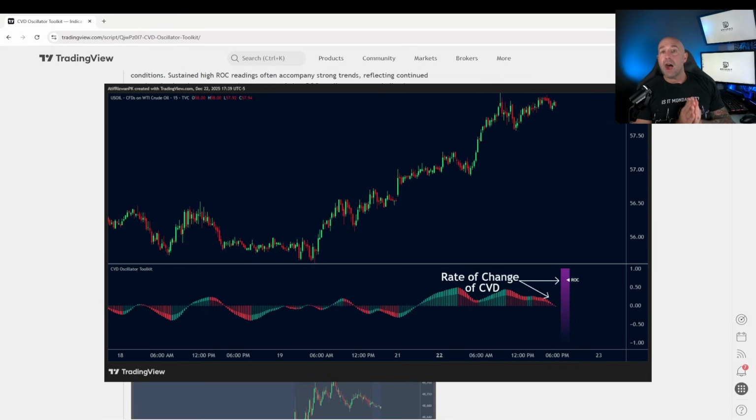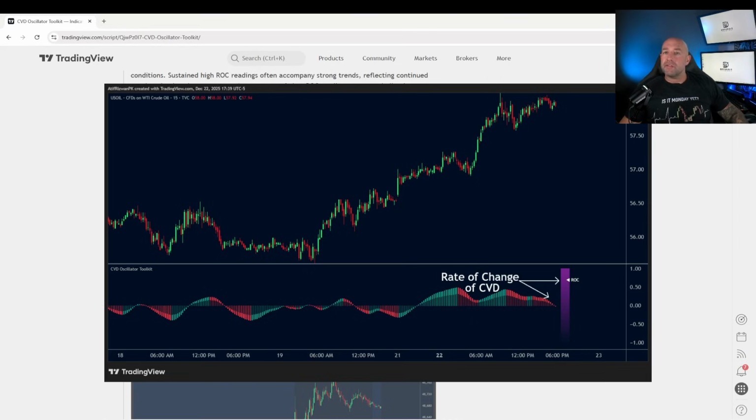So sustained high ROC readings often accompany strong trends, while reflecting continued acceleration and volume pressure. As momentum fades, ROC readings contract, indicating slowing acceleration, even if directional pressure has not yet reversed. So how is the oscillator ROC calculated?